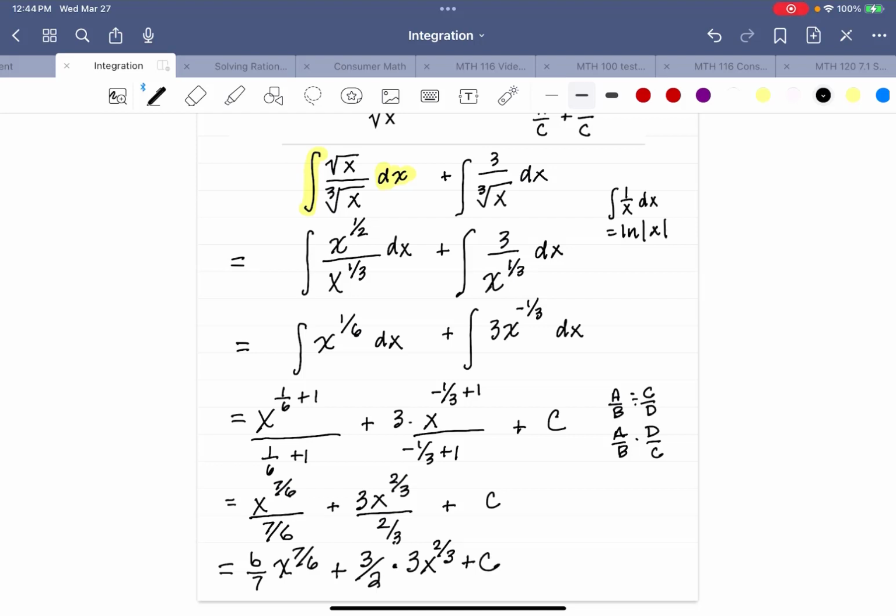And the second term, remember there's a 1 under that 3, so my final answer is going to be 6 sevenths x to the 7/6. 3 times 3 here is going to give me a 9 numerator. So plus 9 over 2 x to the 2/3 plus c. So that is my final answer.